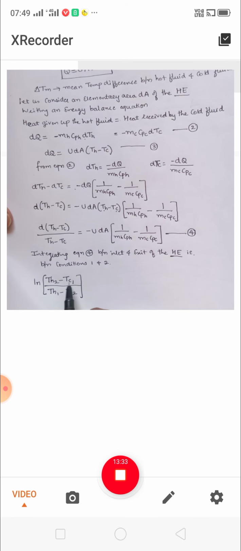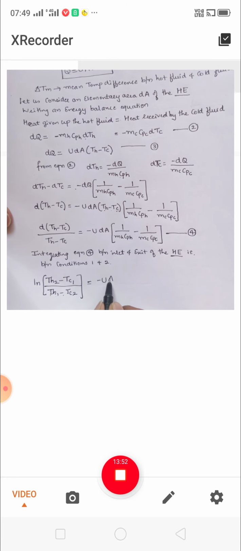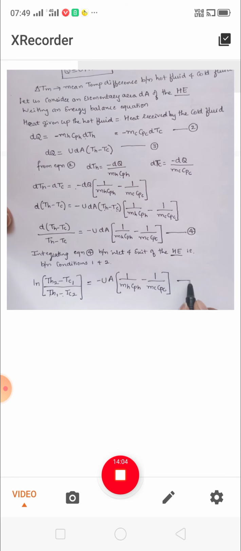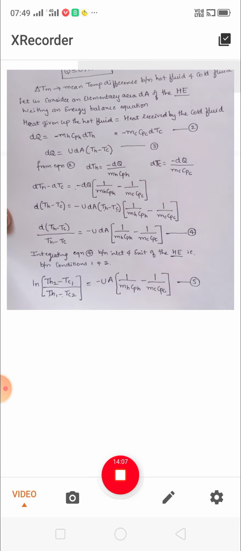So at the exit of the heat exchanger the temperature of the cold fluid will be Tc1, because at that point only the cold fluid is entering the heat exchanger. So this will be equal to minus U, the integration of dA will be A, and all the other terms remain the same, 1 divided by mh into cph minus 1 divided by mc into cpc. Let me call this equation as equation 5.